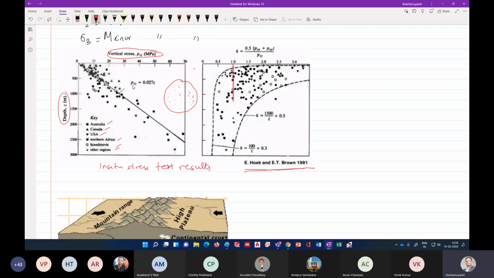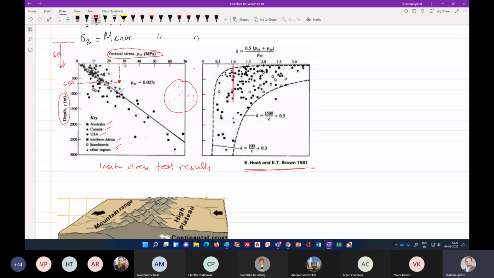So, let's say this point here says that at this vertical depth, you have this much vertical stress. Let's say this is 650. So at the 650 meter depth, you have a vertical stress of maybe how much?